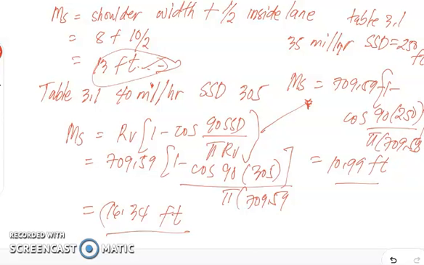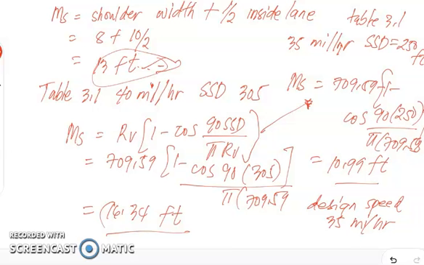So we're going to have the design speed of 35 miles per hour, considering both the maximum safe speed for centripetal force and sight distance. So the lower of the two speeds will govern.